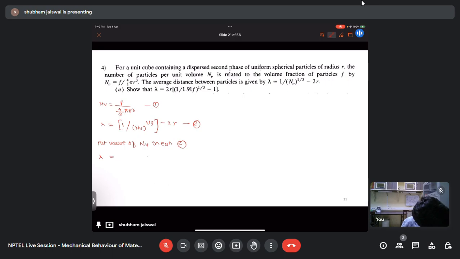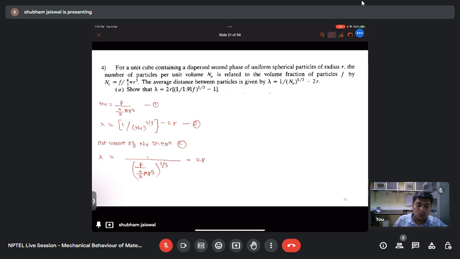Lambda is equal to 1 upon NV, which is F upon 4 by 3 pi r cube, to the power 1 by 3, minus 2r.